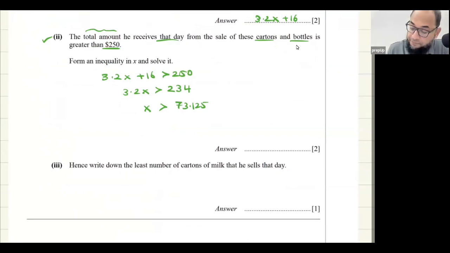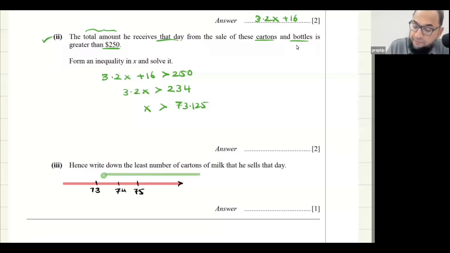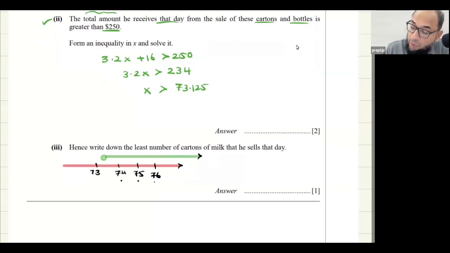So now in this one, if I draw a number line and if I write this is, for example, 73 and this is 74 and this is 75 and it goes till infinity. And this is the number line that we are dealing with. That is 73.125. So there are many different numbers that you see over here, 74, 75, 76, and so on, out of which one is the least?